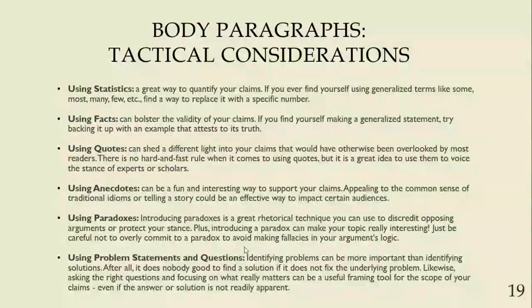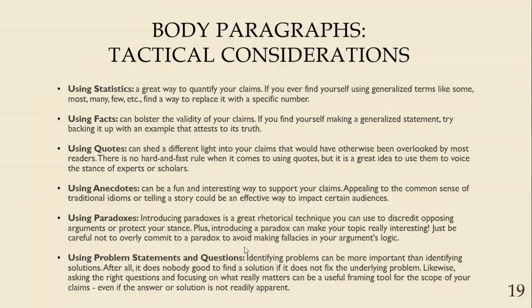Now, if we're going to look at some tactical considerations here, this is where you can really make your body paragraphs your own, and craft them in a way where they're effective for your particular purpose. And a lot of this stuff is going to be pretty obvious: statistics, facts, quotes, anecdotes. So if you're a natural born storyteller, you can tell your stories in a way that is more interesting.